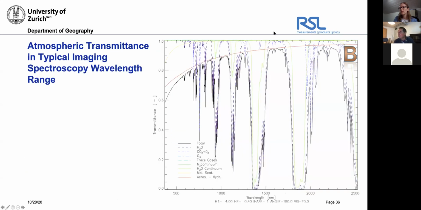So again, these transmittance curves, you'll see them in the exercises afterwards as well. If you look at the water vapor, only about 50% of the spectrum is not affected by water vapor. So you have to get rid of it if you want to see the spectrum on the ground.